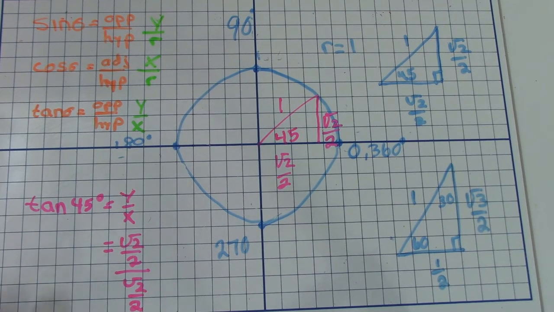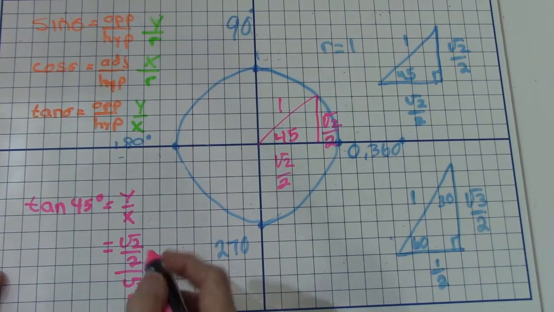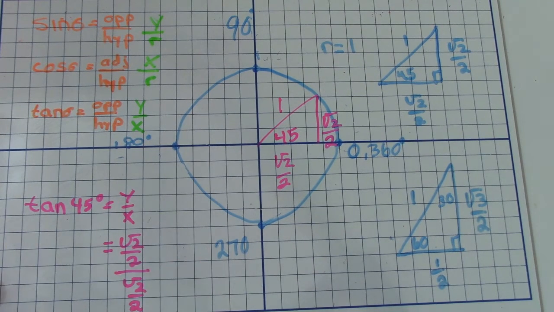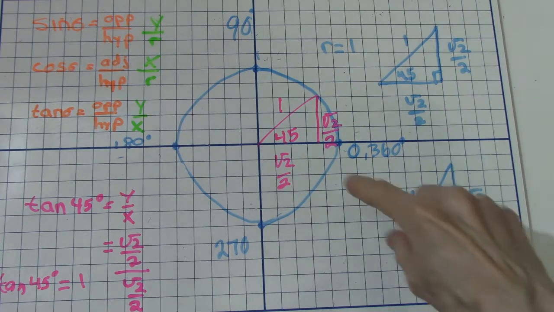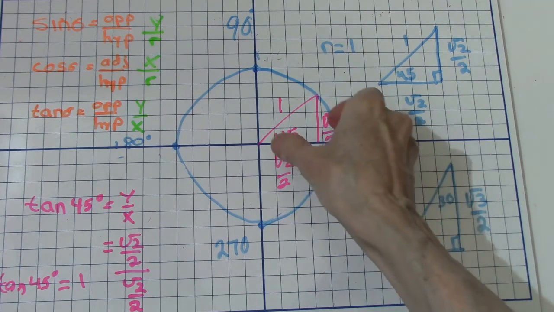And initially you look at that and it looks intimidating, but you realize it's just equal to 1. So we know that we can write that the tangent of 45 degrees equals 1.